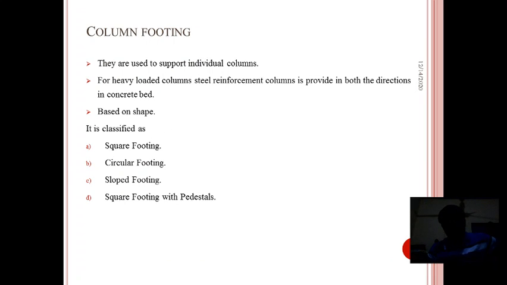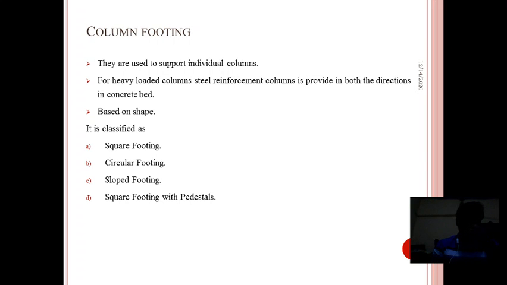Next, column footing. If the footing is provided for isolated columns, then they are defined as column footing. They are used to support individual columns, when columns are loaded, and steel reinforcements are provided for that.